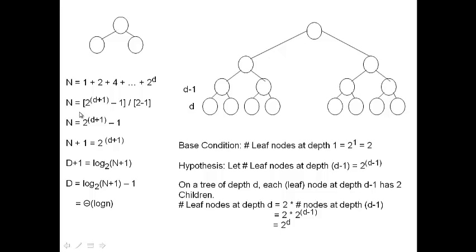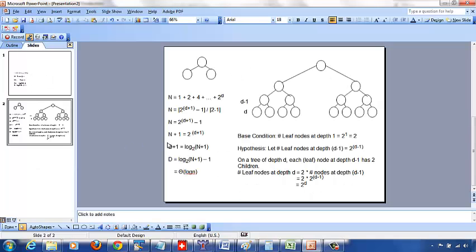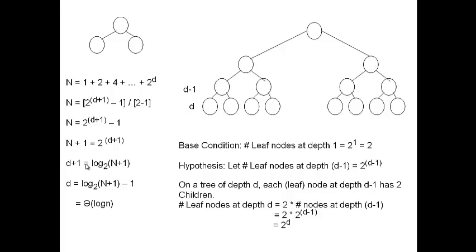So now take this negative 1 to the other side, so it's n plus 1 equals 2 raised to d plus 1. Now take the logarithm on both sides. This is actually a lowercase d. So d plus 1 equals log of n plus 1 to the base 2.